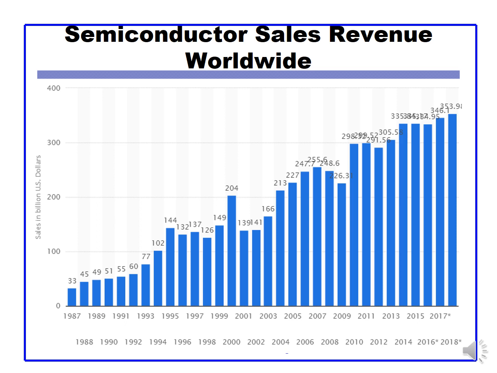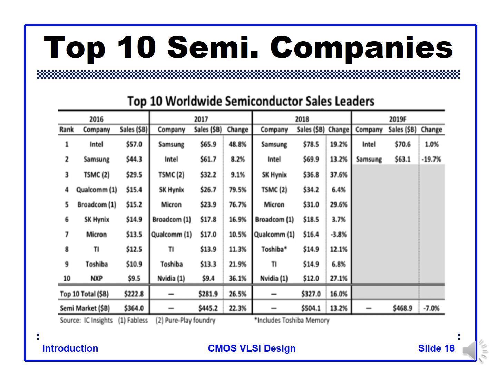Semiconductor sales revenue worldwide. As you can see, the sales are going up and up, right? Actually, the industry is growing. This is the top 10 semiconductor companies worldwide. For example, in 2018, Samsung is ranked first, Intel second, and third is SK Hynix.